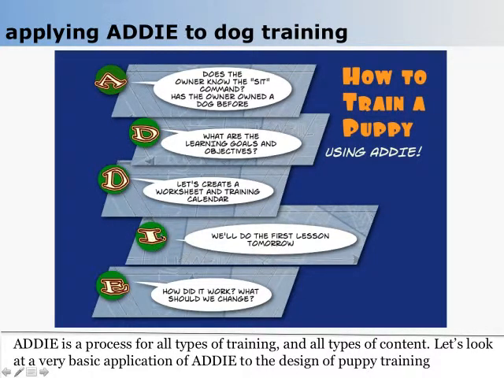During the development phase, the instructional designer might say something like, let's create a worksheet and a training calendar. During the implementation phase, the instructional designer is talking about what's going on at that point in time. And they'll say things like, well, we'll do the first lesson tomorrow. During the evaluation phase, the instructional designer asks things like, well, did it work well? What should we change? What should we keep?